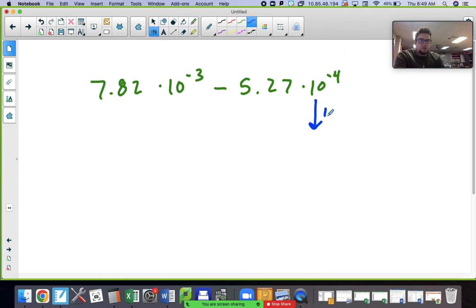The best option is always make the power larger. So I'm going to make it go from negative 4 to negative 3, which is larger. Causes our number in front to be smaller.